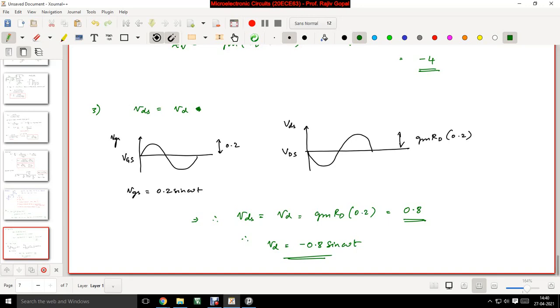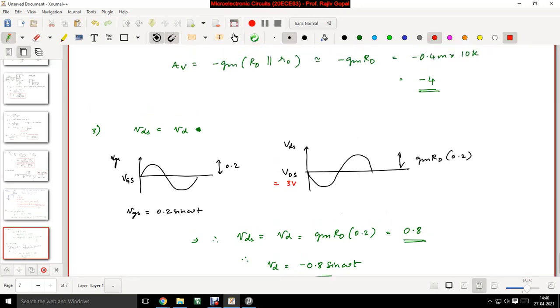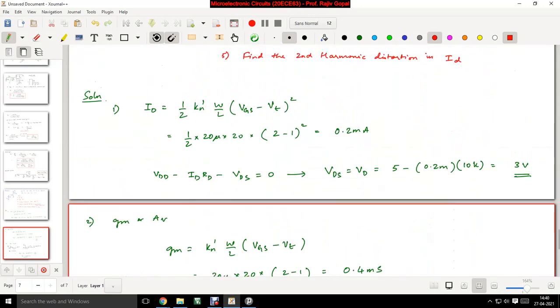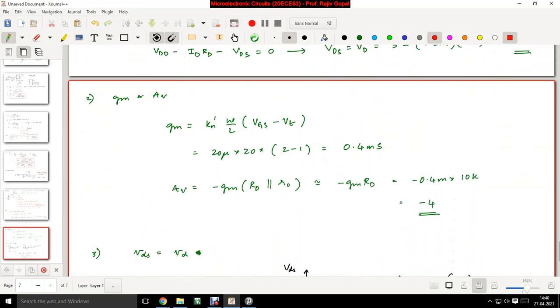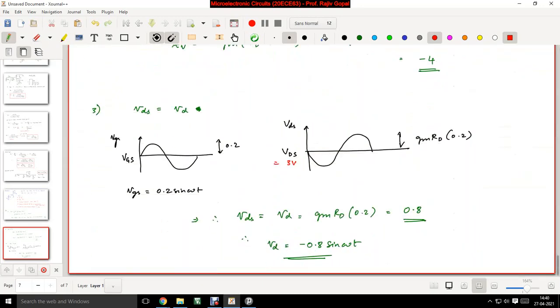Then if you remember, VDS we found it to be 3 volts. VDS and VD both are same again, this 3 volts. Then in that case, this difference I have found out is actually 0.8, right?